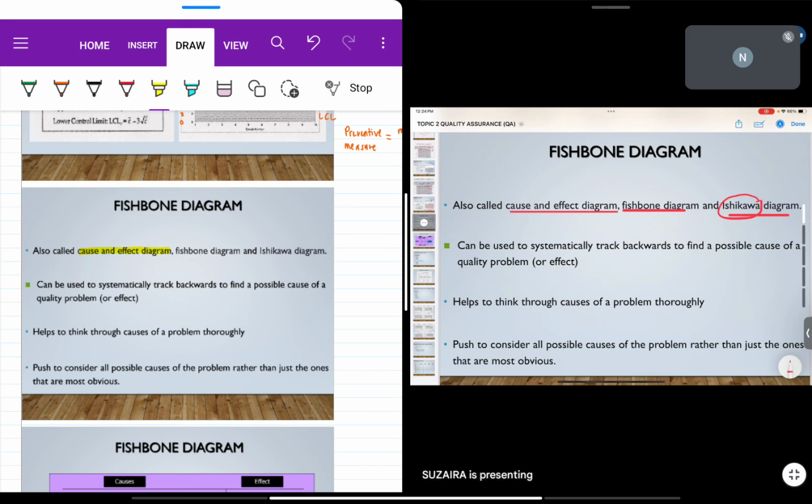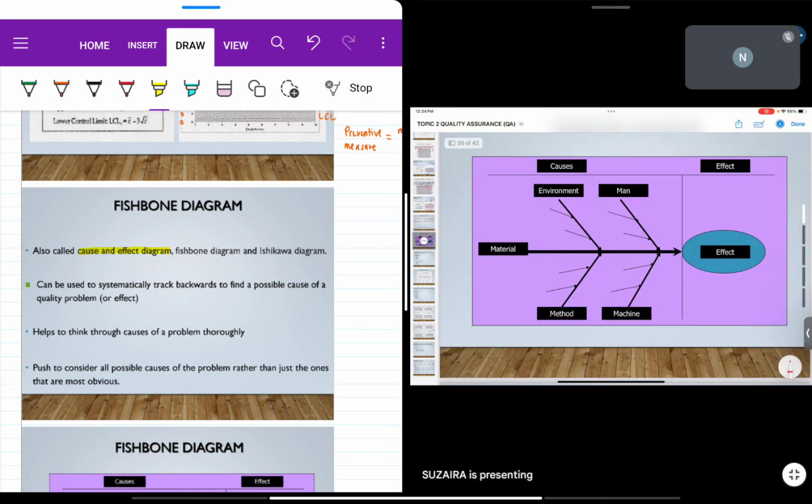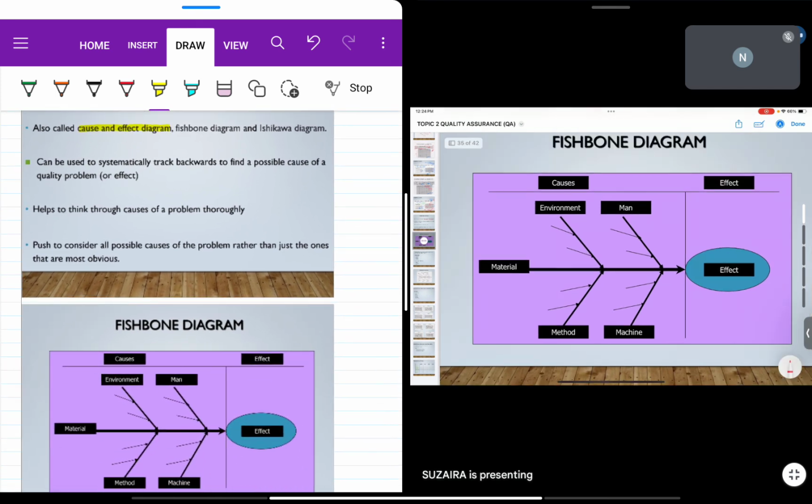And from a fishbone diagram, we can actually track the factors or any causes that contribute to the one main problem. Okay, so from there it can actually help to come up with preventive measures. And this is actually the example. So cause and effect. Why is it called cause and effect?